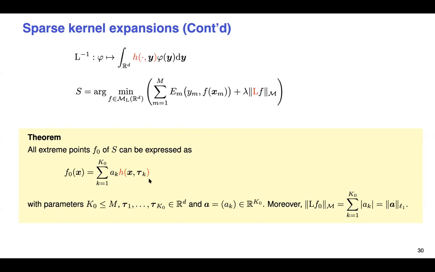But what is new now? In the traditional framework, those guys lie on the data points. Now those guys don't lie on the data points. And the other thing is also those guys are fewer than the number of data points. Now the other very nice thing is actually the norm here that I'm using for regularization is equal to the L1 norm of the coefficients. In fact, this makes a very nice link with L1 optimization.